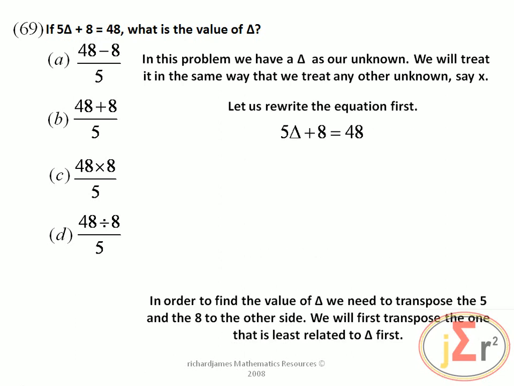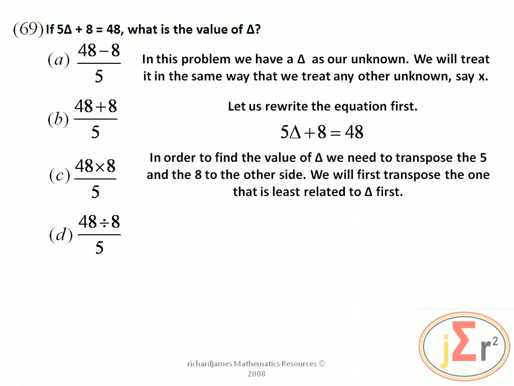That's it. In order to find the value of triangle, we need to transpose the 5 and the 8 to the other side. We will first transpose the one that is least related to the triangle.